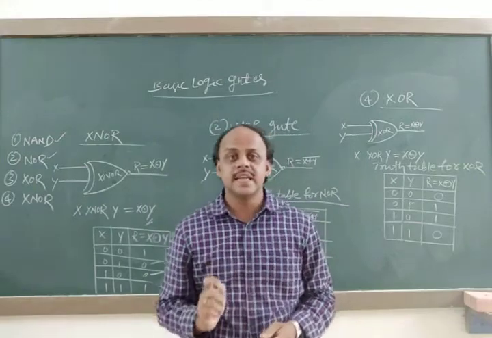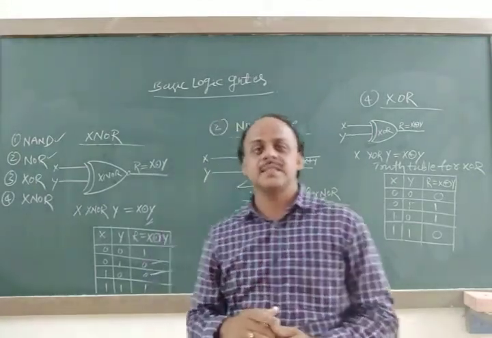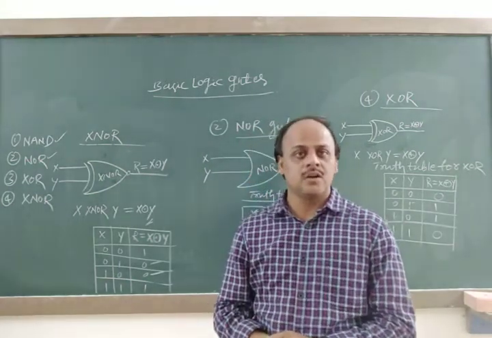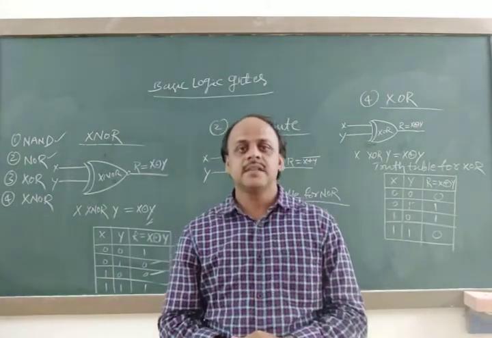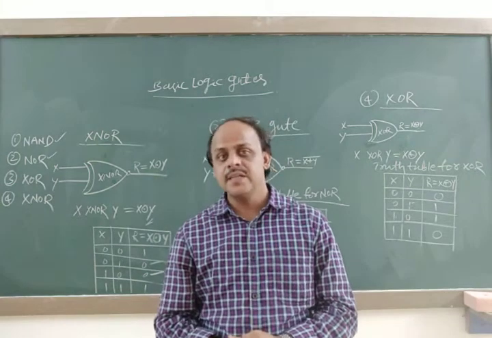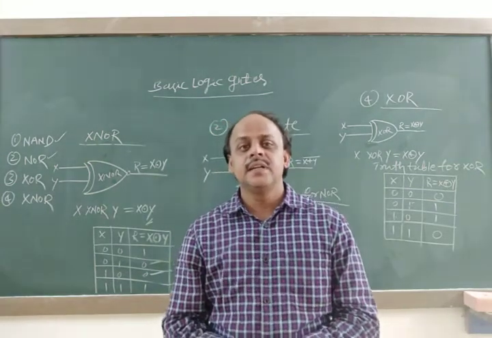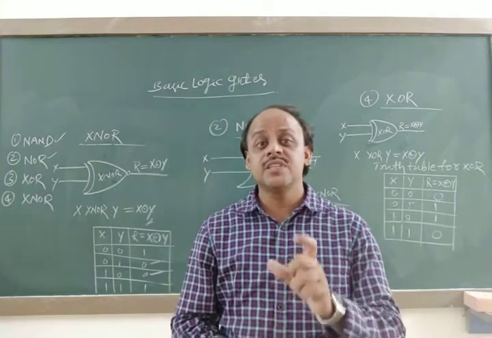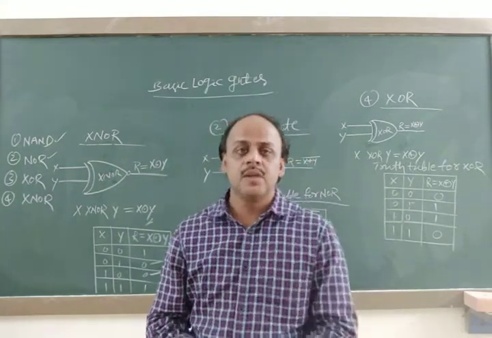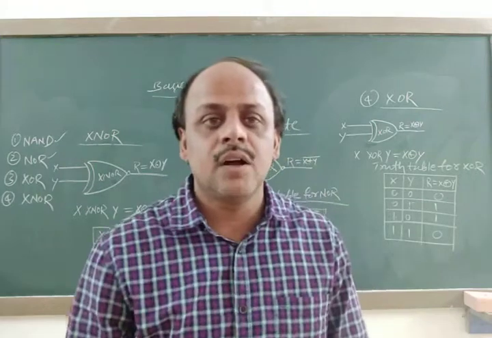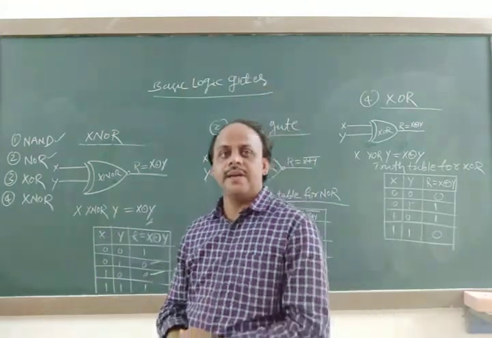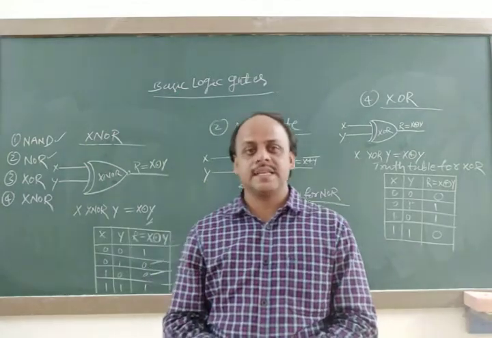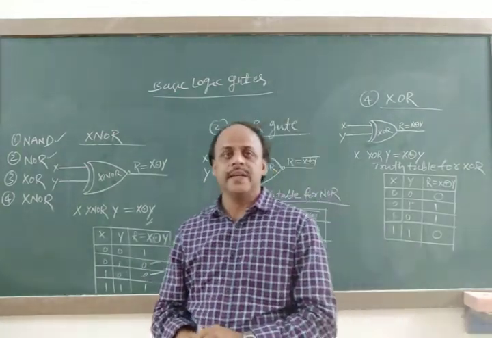Fundamental gates are considered basic gates, for example AND, OR and NOT. A derived gate is a gate constructed with the help of basic gates, for example NAND, NOR, XOR, XNOR.